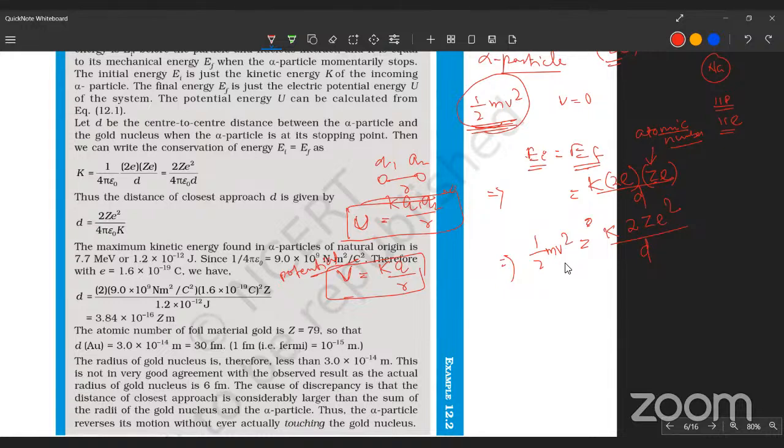So if we cross multiply and find the expression for D, you will get D equal to this.